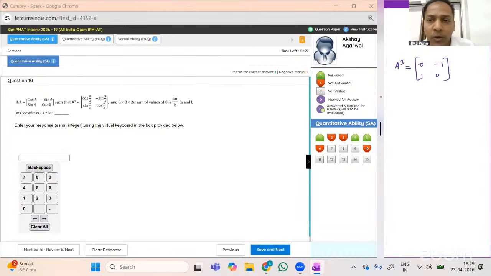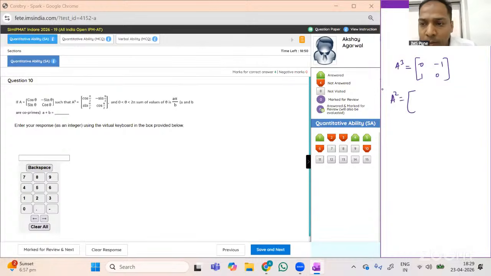So if I were to find out A cube in terms of theta, A square would be cos theta, minus sin theta, sin theta, cos theta into the same matrix. One second. I think I need to be a little patient here. So first row into first column, cos square theta minus sin square theta. Cos square theta minus sin square theta I know is cos 2 theta. So I'm directly writing cos 2 theta.